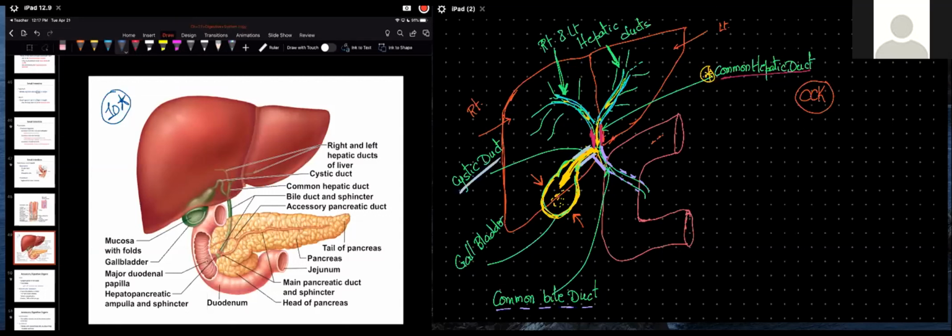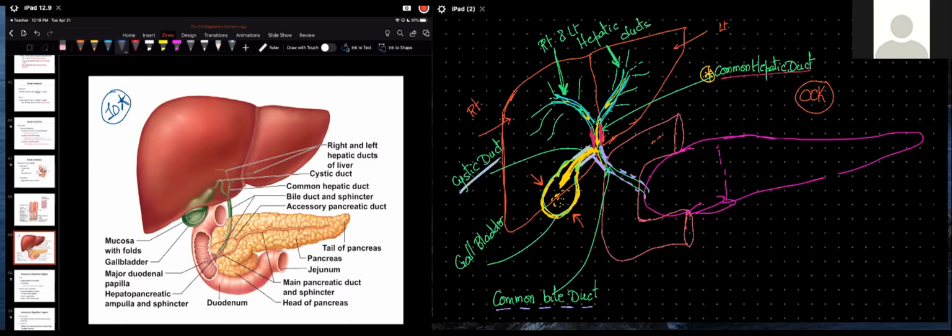So we're looking here at the pancreas. The pancreas has three main parts forming its structure. We have the head of the pancreas, the body of the pancreas, and the tail of the pancreas. Head, body, and tail.